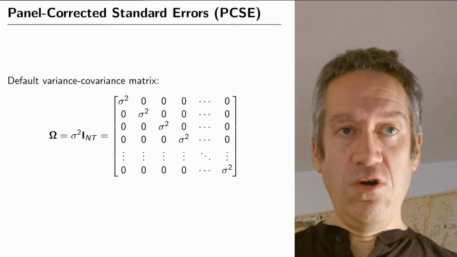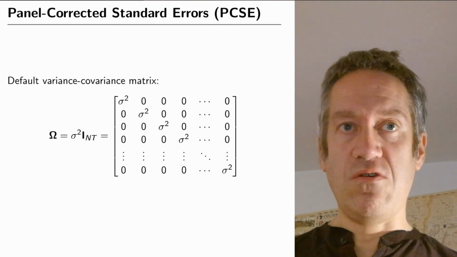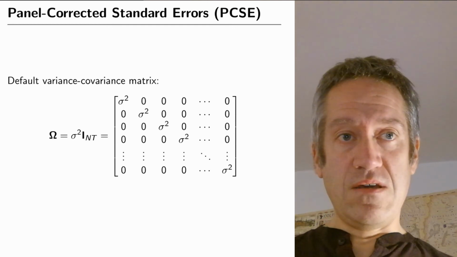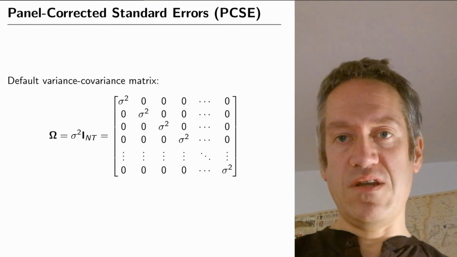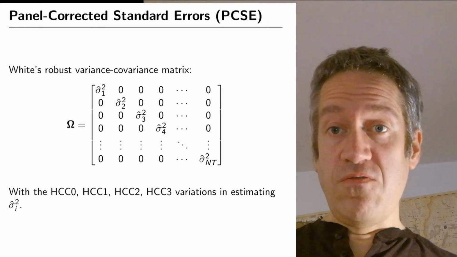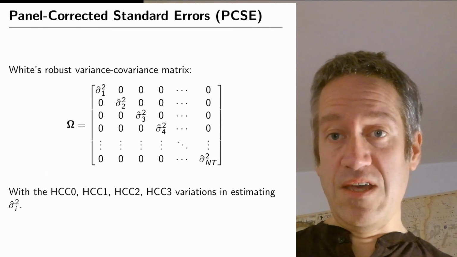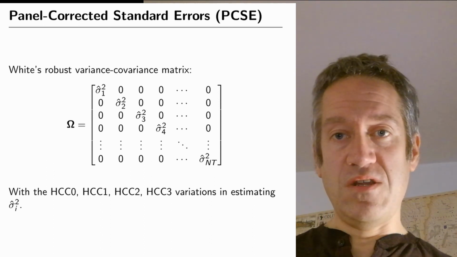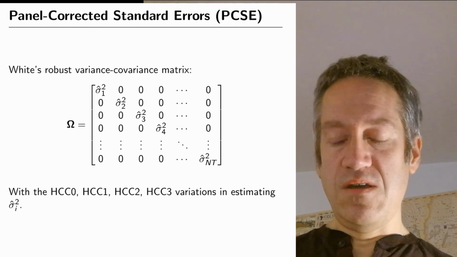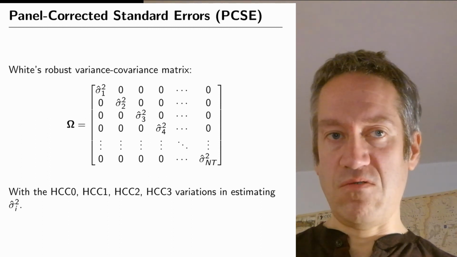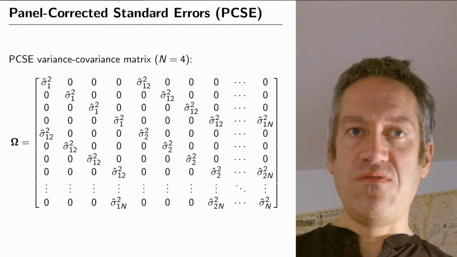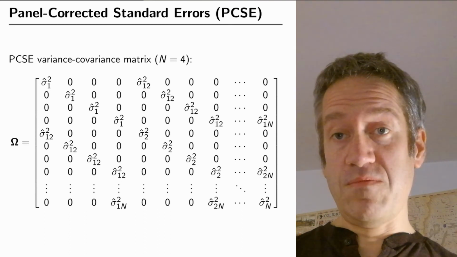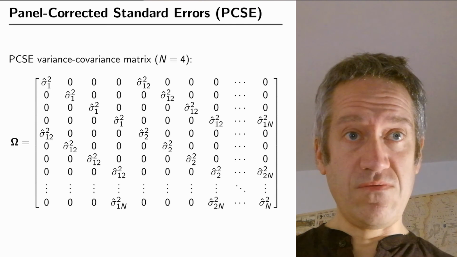So in a normal case, the variance covariance matrix of the errors looks like the omega on this slide, which is zeros off the diagonal and sigma squared on the diagonal. With white robust variance covariance matrix, we have individual estimated variances for each item on the diagonal, so for each observation. And then we have different versions, HC0, 1, 2, 3, and so forth. For panel corrected standard errors, we have fewer individual sigma squareds to estimate. You'll see that there's a lot of the same ones here.